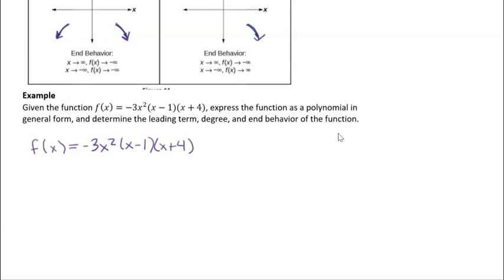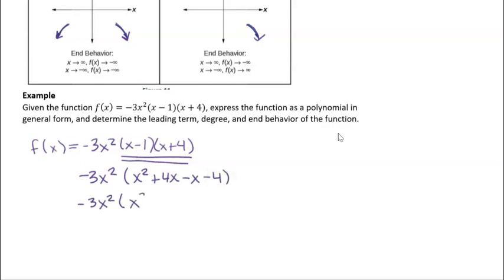And I'm going to choose to distribute this piece first, multiply out these two binomials. When I do that, I get x squared plus 4x minus x minus 4. And then I'm going to combine like terms to get 3x in the middle.